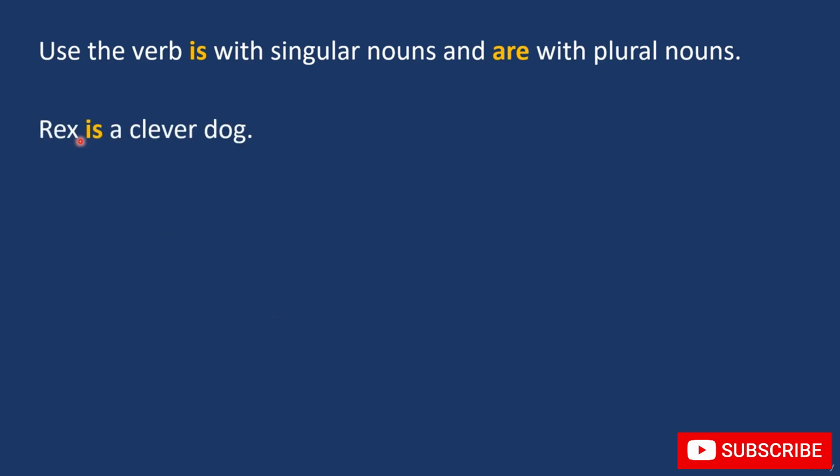Other examples, when I say Rex is a clever dog, this is just one dog and I say that it is a clever dog. Rex is a clever dog. A duck is a kind of bird. If I say ducks, so ducks is or are? Ducks are.